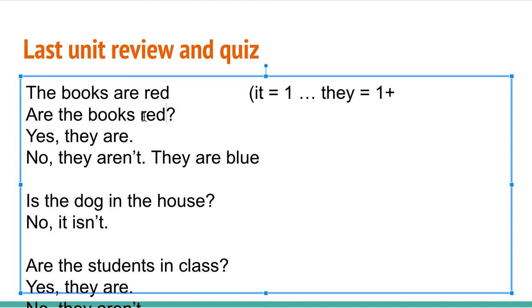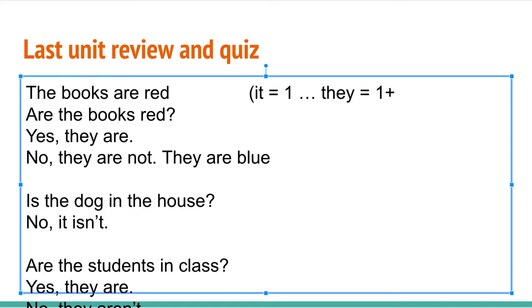Another thing is that we have books. Okay, books is equal to they, because it's more than one thing. So when you answer, you say yes they are. No, they aren't. Okay, aren't is the contraction of are not. You can say no, they are not.